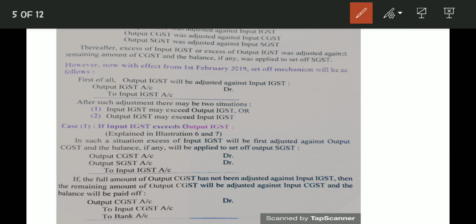You debit output CGST, debit output SGST, and credit input IGST. Okay, quite simple. It is not that tough. You have to remember that output GST is a liability and input GST is an asset. Okay, we can solve them in illustrations 6 and 7.